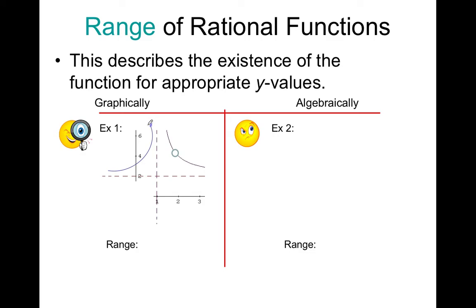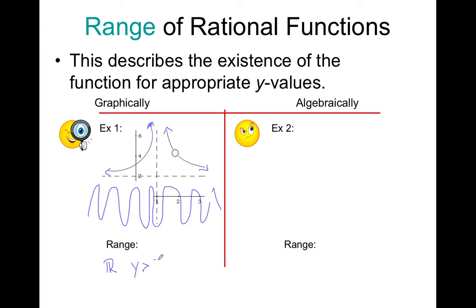I tried desperately to draw this well and it didn't go so well. Look at that one. Not only is the horizontal asymptote never touched or crossed, there's nothing down here. So my range is y is greater than 2 because there's no graph down here. It starts at the horizontal asymptote at 2 and goes up.